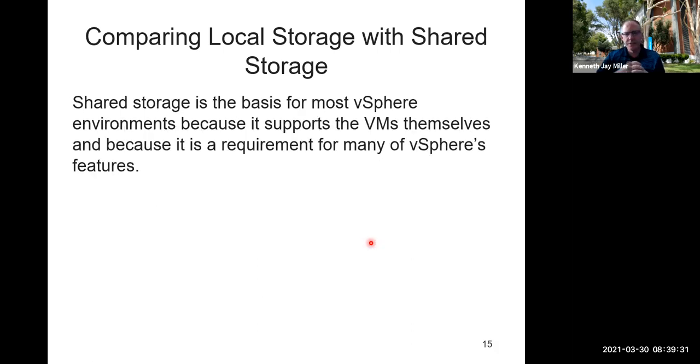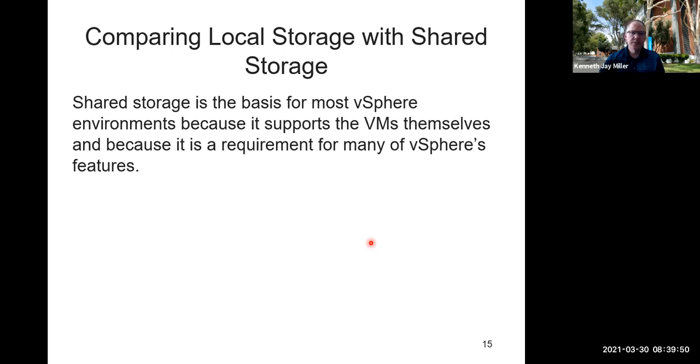Now, shared storage is the basis for our whole vSphere environment, because it supports the VMs themselves, and because it's a requirement for many of vSphere's features. The advanced features almost always need shared storage.